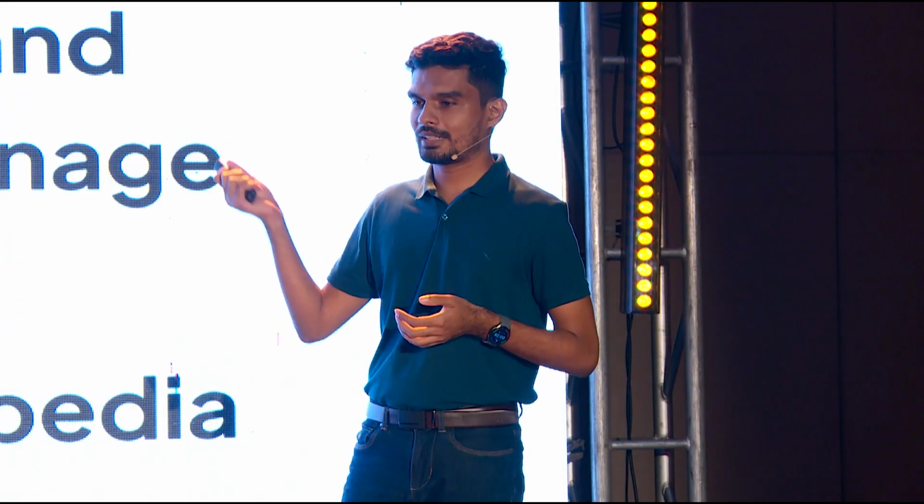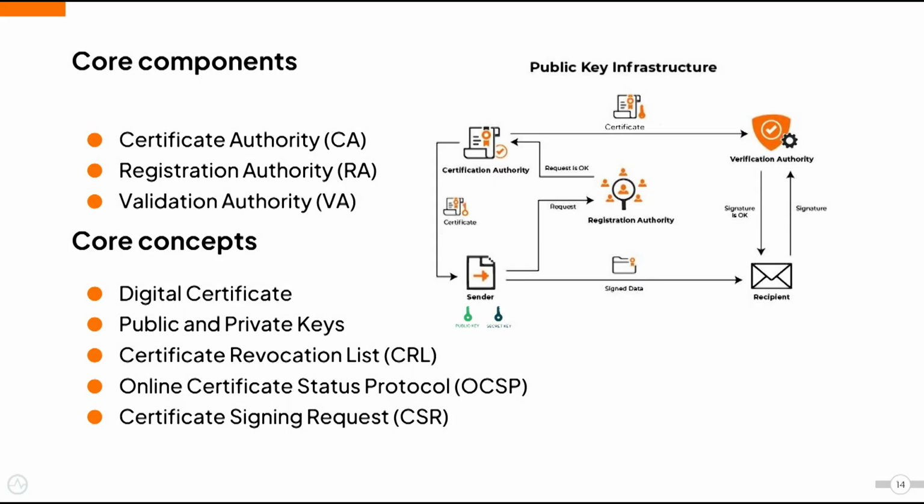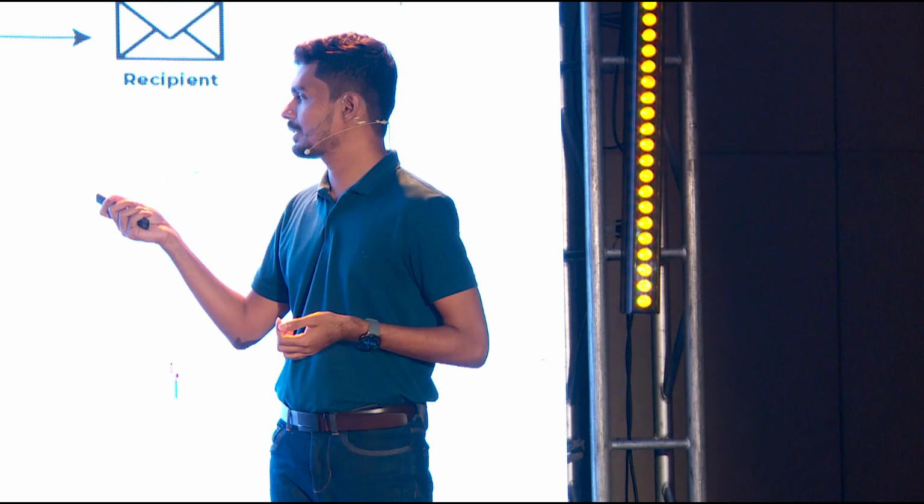So I have extracted this definition from Wikipedia. I'm not going to read it. If you read it carefully, you will see certain concepts I have already discussed. So now let's see what this topic really means. To understand, we have a few core components like certificate authority, registration authority, and the validation authority, and a few core concepts like digital certificates, private and public keys, certificate revocation list, online certificate status protocol, certificate signing request.